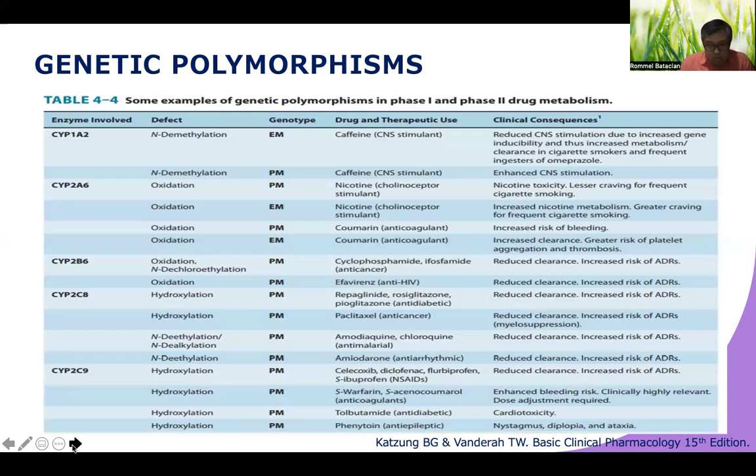There are also drug-drug interactions that may occur, which alter the metabolism of one drug and then eventually affect the concentration of another drug. So what is the importance of genetic polymorphism?